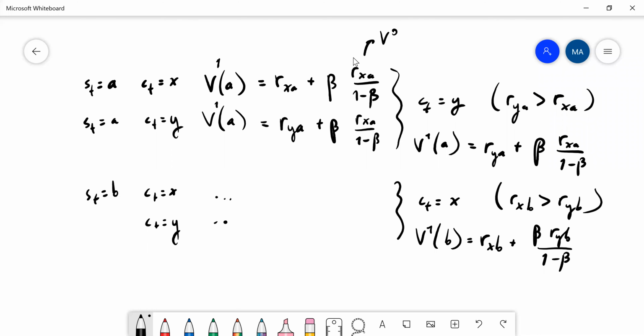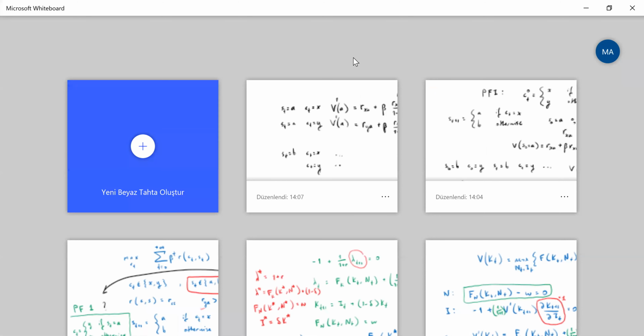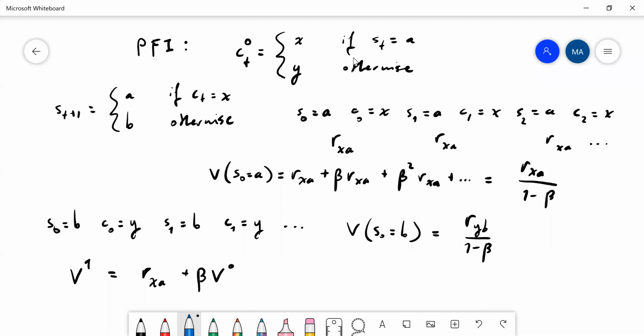Now you're going to check whether your policy functions converge, right? So this is your second step. What was the thing that we assumed? We assumed that C_t equals X if state is A. Now we are comparing whether these policy functions are the same, right?